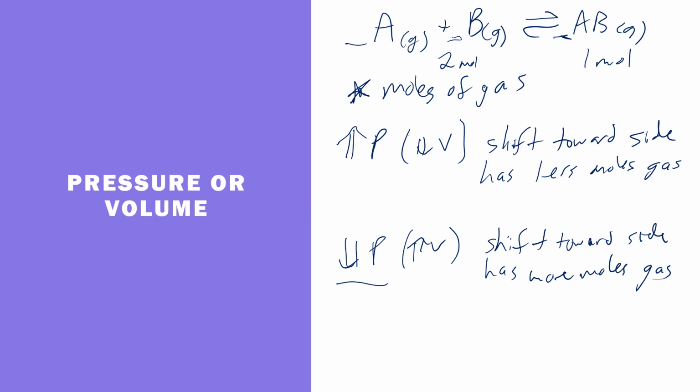So in this fake example, if I increase the pressure, it will go in the forward direction, shifting towards the product side because there are fewer moles of gas. And if I decrease the pressure, it's going to shift towards the reactants because there are more moles of gas.